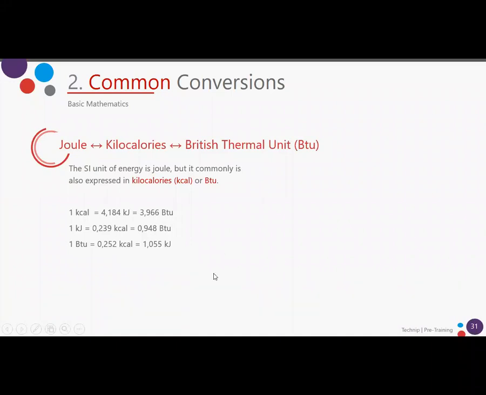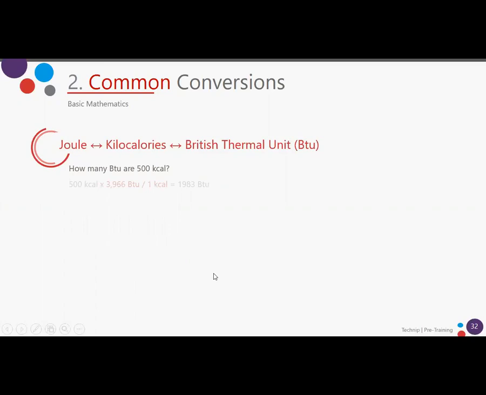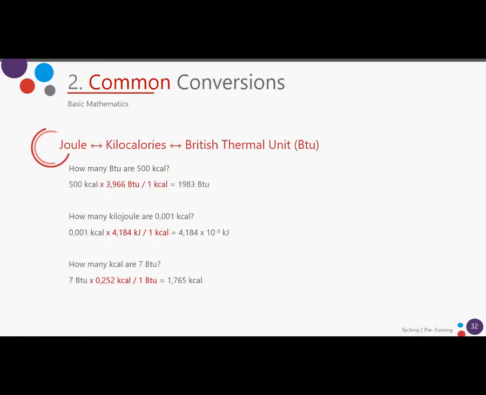And then with these conversion factors, let's do some examples. How many BTU are 500 kilocalories? We multiply our kilocalories with 3.966 and get that 500 kilocalories are 1,983 BTU. Now, how many kilojoules are 0.001 kilocalories?